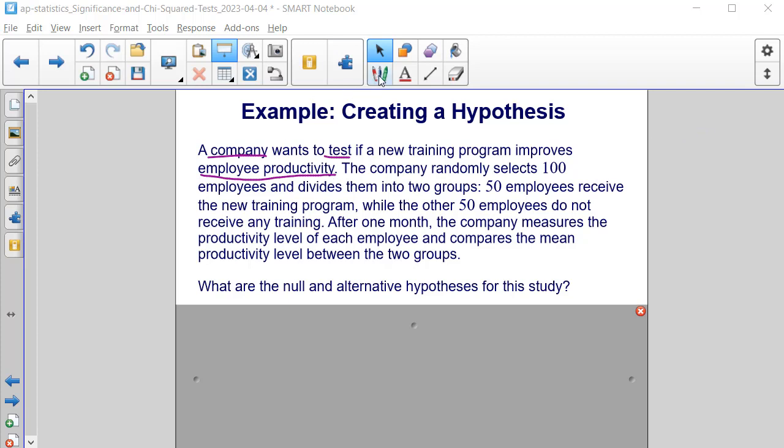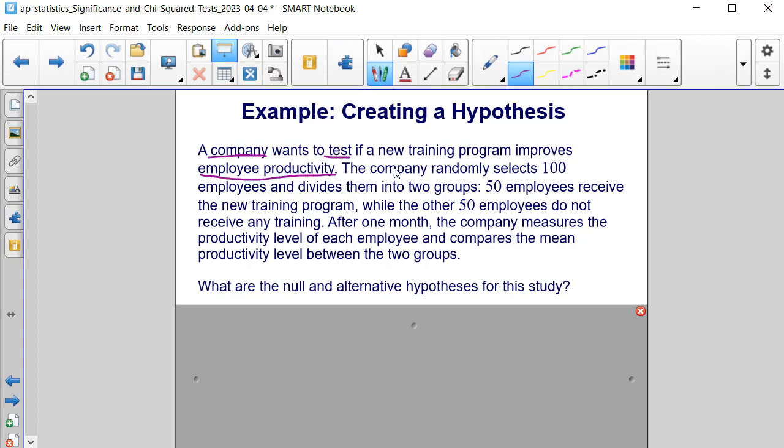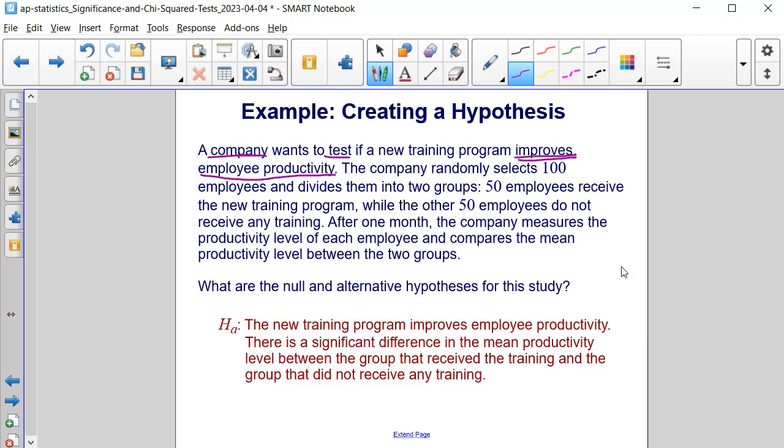So if we again look in our problem, they want the new training to improve their employee productivity. So for the alternative hypothesis, it'll be something like this. The new training program improves the employee productivity. There is a significant difference in the mean productivity level between the group that received the training and the group that did not receive any training.